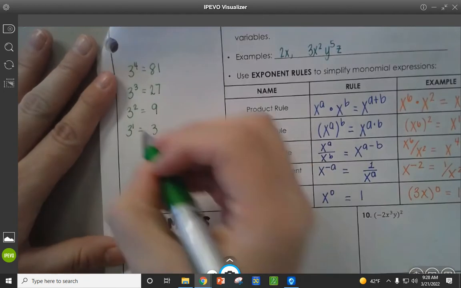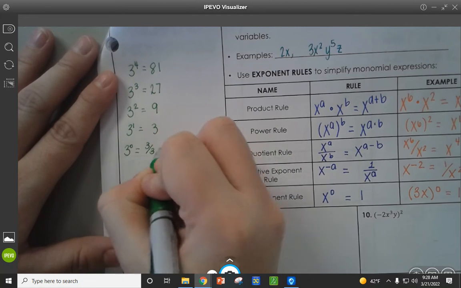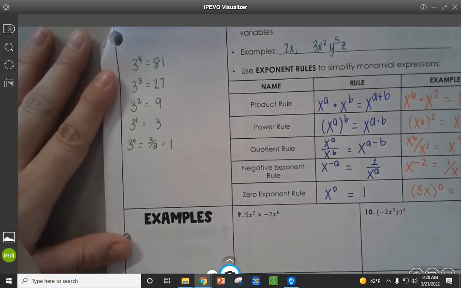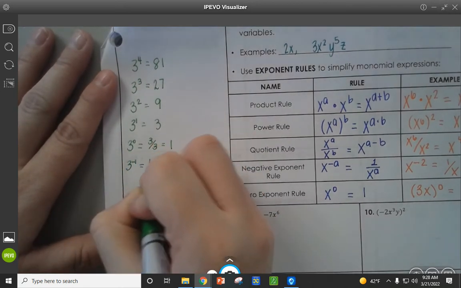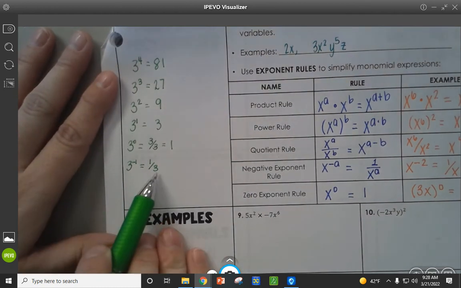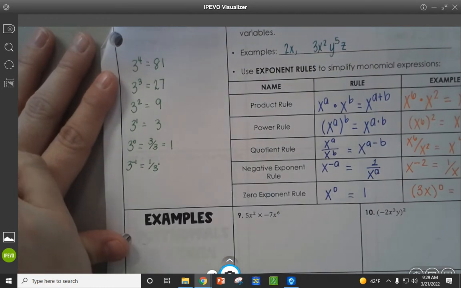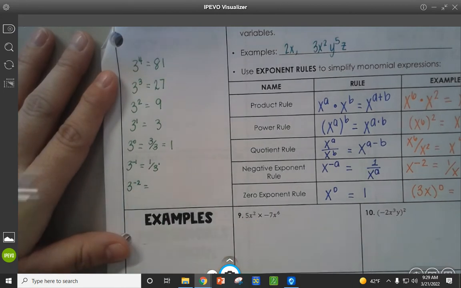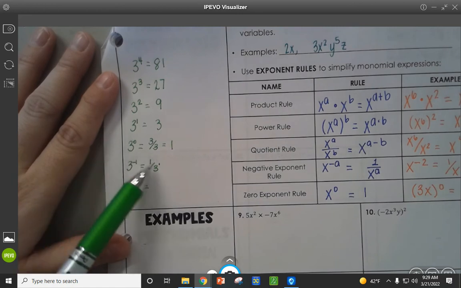So that pattern continues. So if I have 3 to the 0 power, what's 3 divided by 3? 1, not 0. And then if I keep it going, what's 1 divided by 3? It's 1/3, which is really 1 over 3 to the 1st power. And then if I keep it going, don't type in 3 to the negative second.